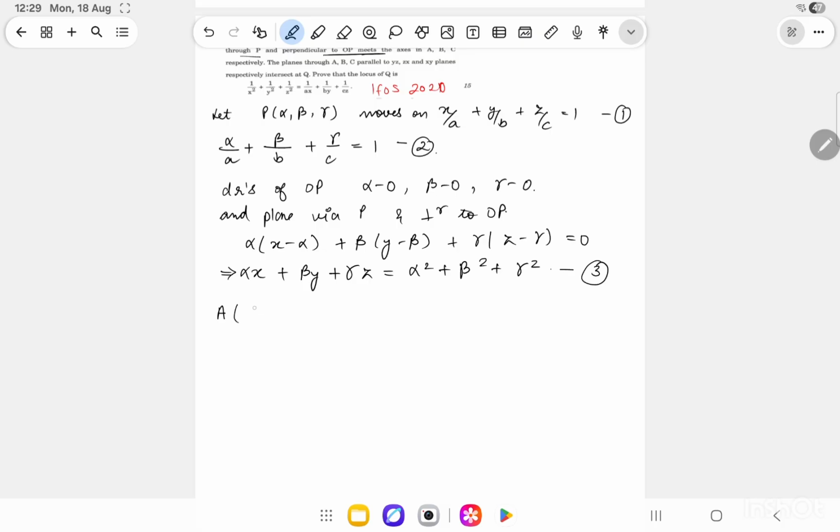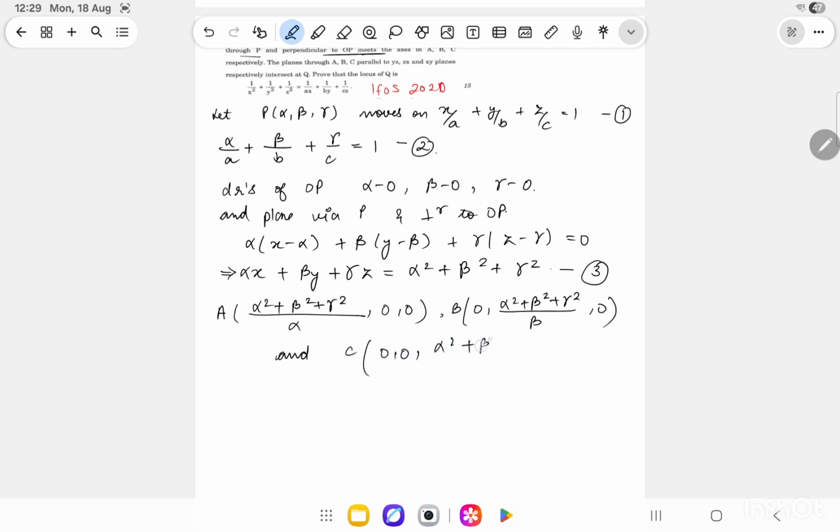So we'll get A as (alpha square plus beta square plus gamma square upon alpha, 0, 0). Likewise, we'll get B as (0, alpha square plus beta square plus gamma square upon beta, 0). And my point C as (0, 0, alpha square plus beta square plus gamma square upon gamma).